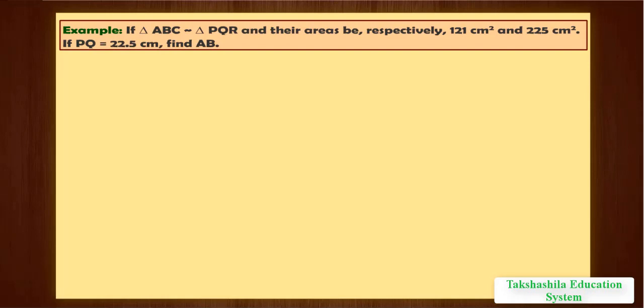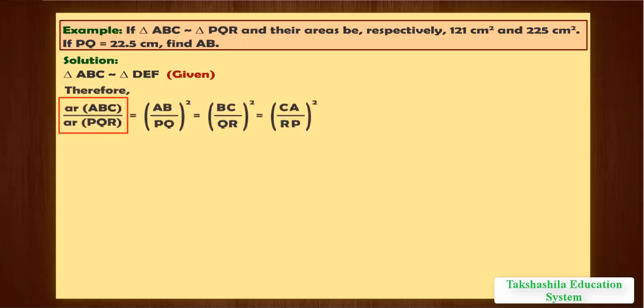If triangle ABC is similar to triangle PQR and their areas be respectively 121 square centimeters and 225 square centimeters, and PQ is equal to 22.5 centimeters, find AB. Let us solve this. It is given triangle ABC is similar to triangle PQR. From the theorem that we have just learned, area ABC upon area PQR is equal to AB upon PQ whole square is equal to BC upon QR whole square is equal to CA upon RP whole square.